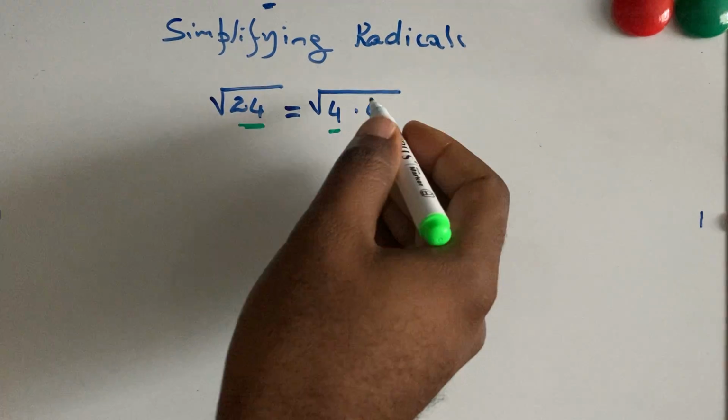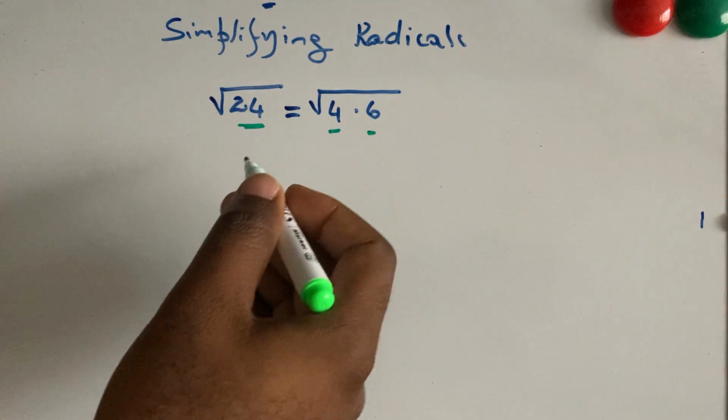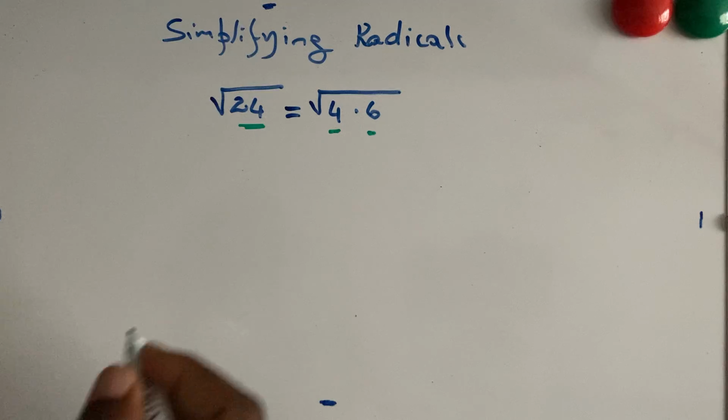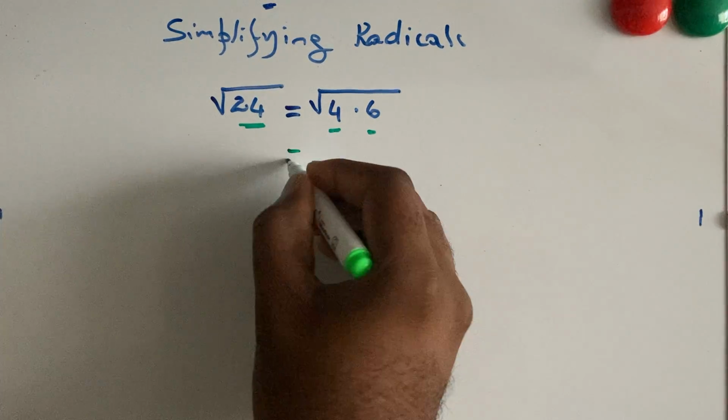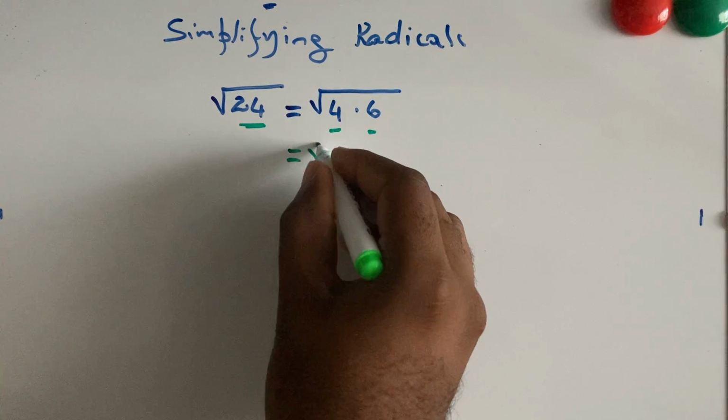So 4 times 6, 4 times 6 is 24. Therefore, this is okay, what you wrote here.